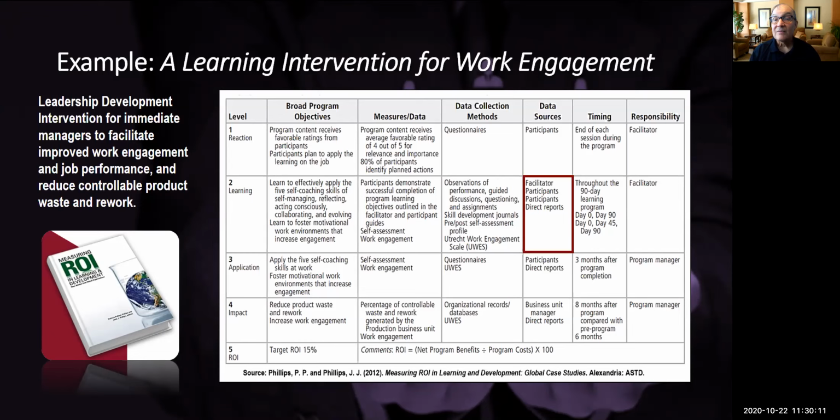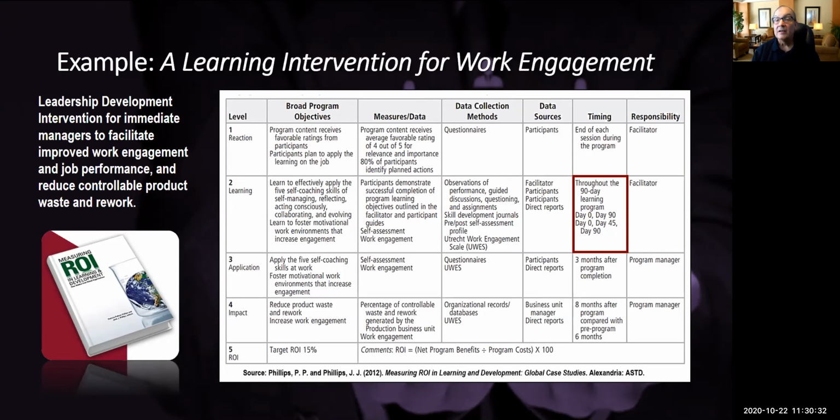For the first one, the facilitator watched the participants, so that's where the data is coming from. For the next ones, participants will provide the skill development journals and pre-post self-assessment data, and then the Utrecht engagement scale of the work engagement levels of the direct reports.